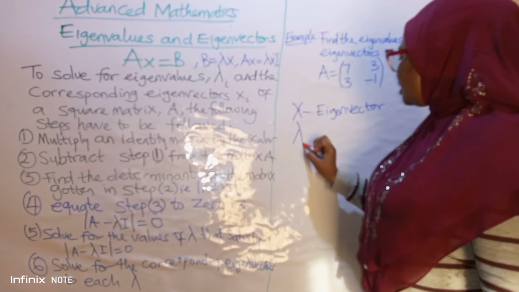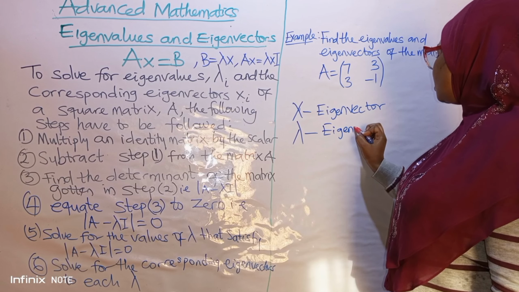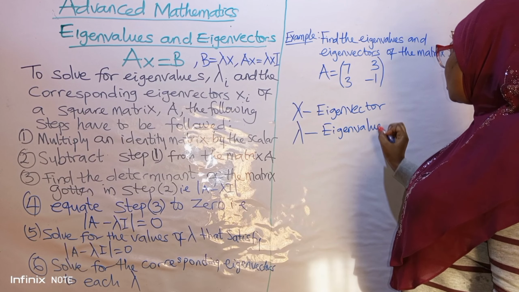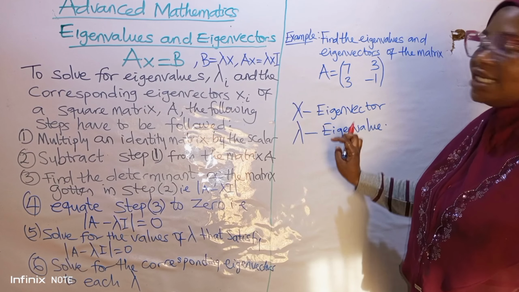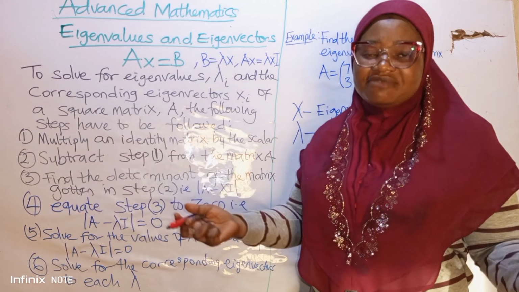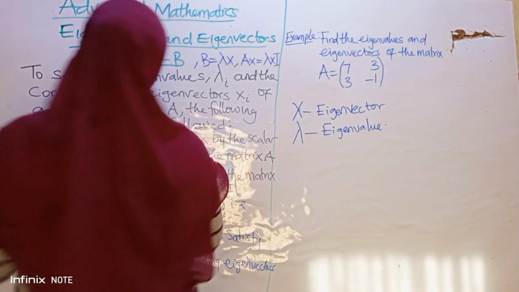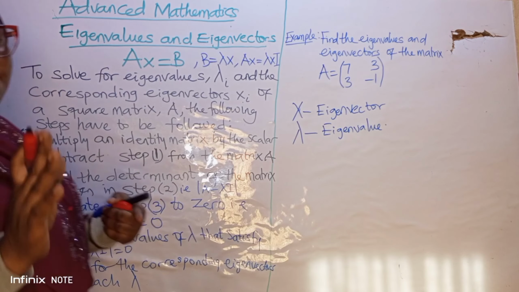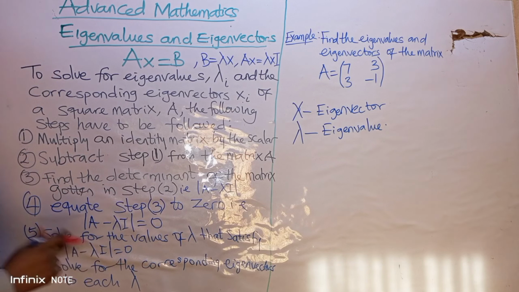And this lambda is the eigenvalue. So x is the eigenvector, lambda is the eigenvalue. How do we now find the eigenvalue and the eigenvectors? You have to follow these steps.